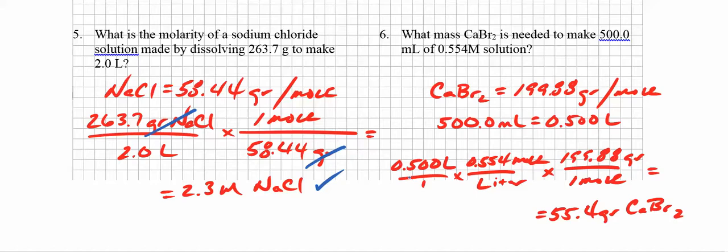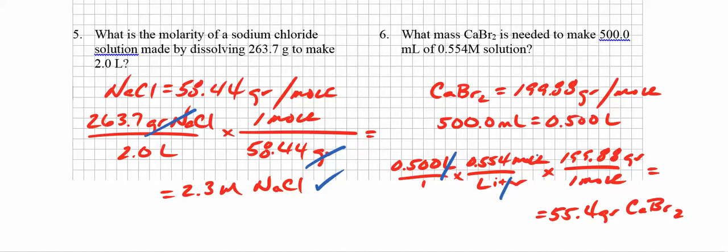I'm going to start with 0.500 liters. I'll put that over 1 to hold the place, and I'm going to multiply that by 0.554 moles per liter. That's the molarity of the solution, 0.554 molar solution. That allows me to cancel this with this, leaving me with moles.